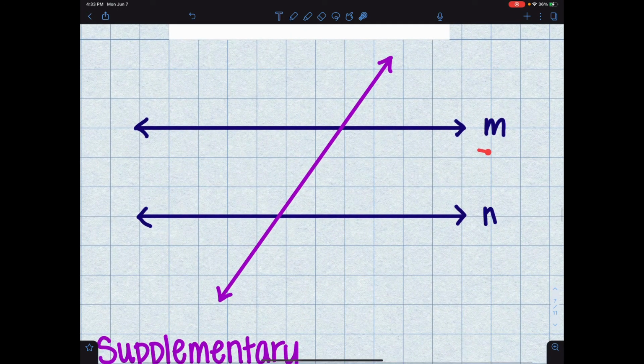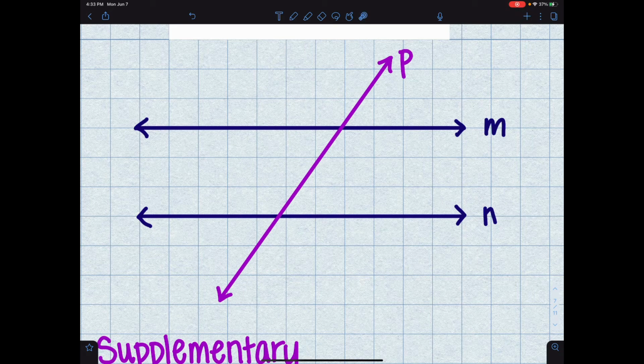So here's an example of 2 parallel lines. The parallel lines are M and N. And then there's going to be a line going across it, which is this purple line, and we'll call it P. Alrighty, so here we go. Here's a couple vocabulary words, okay? So if these 2 lines, M and N, are parallel, you're going to notice some angles that are formed.